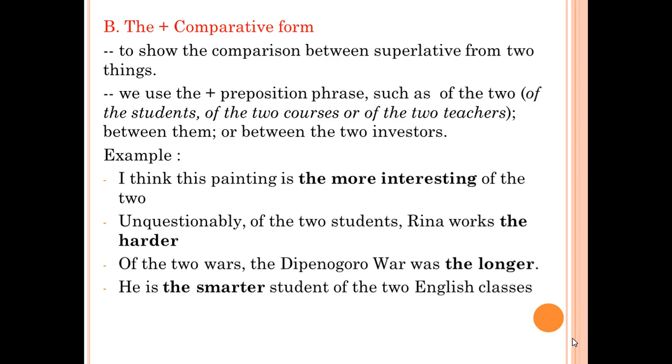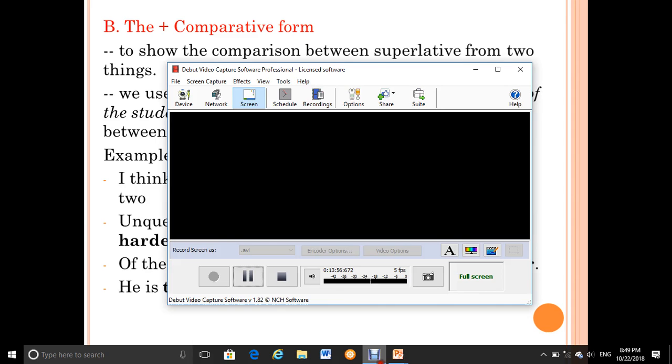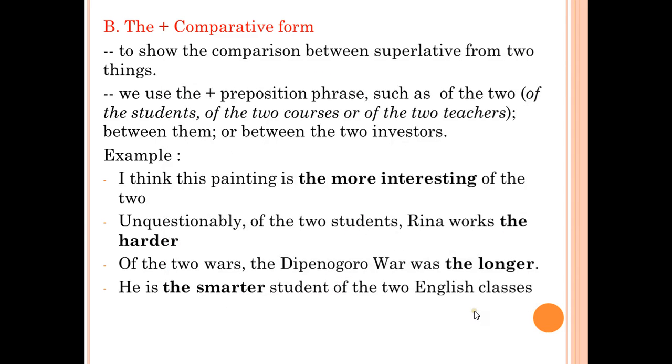Contoh yang ketiga adalah, of the two wars, the Diponegoro War was the longer. Contoh yang keempat, he's the smarter student of the two English classes. Jadi begitu.